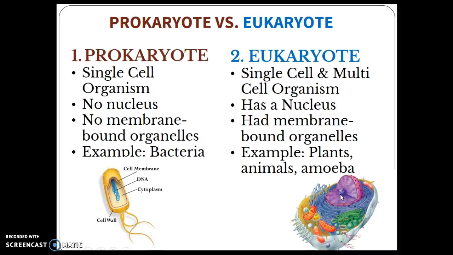Eukaryotes could be single cell or multicellular, and they have a nucleus. So here is the nucleus here. And they have membrane-bound organelles. These are your membrane-bound organelles. Plants, animals, amoebas are examples of a eukaryotic cell.